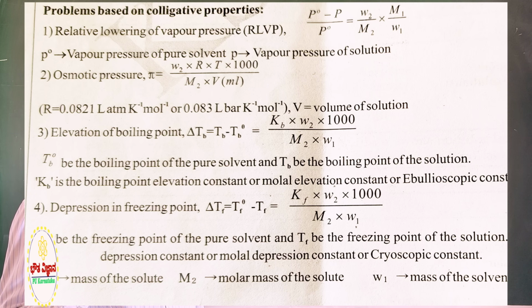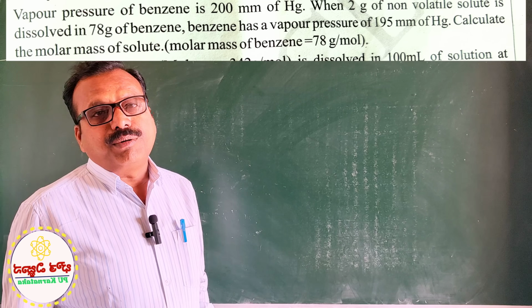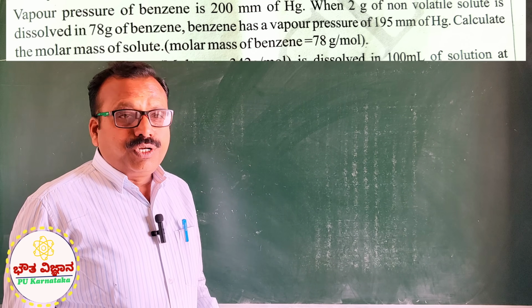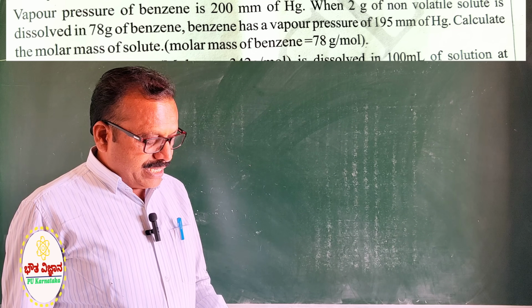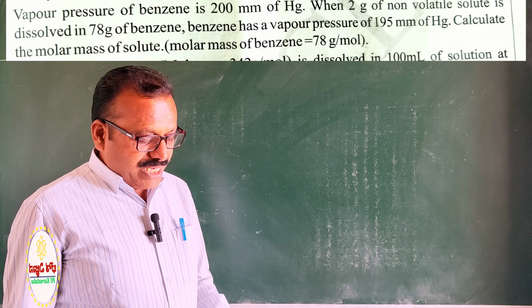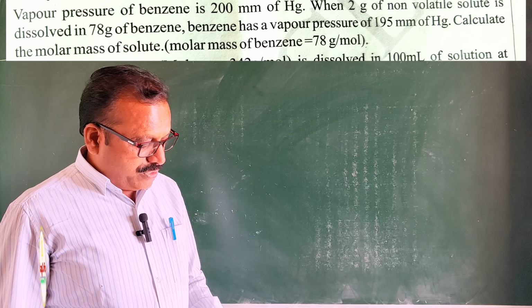3 marks. So first question you have to write down: vapor pressure of benzene is 200 mm of mercury. When 2 gram of non-volatile solute is dissolved in 78 gram of benzene, it has a vapor pressure of 195 mm of mercury.